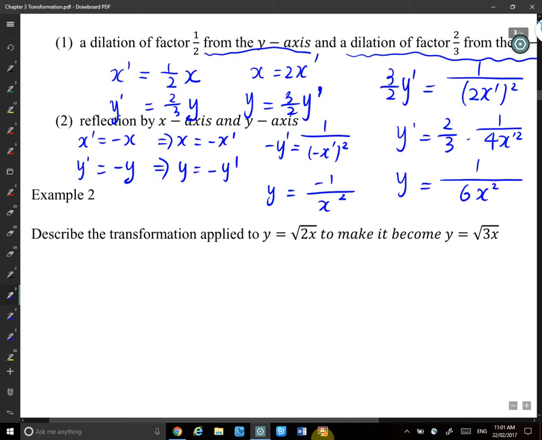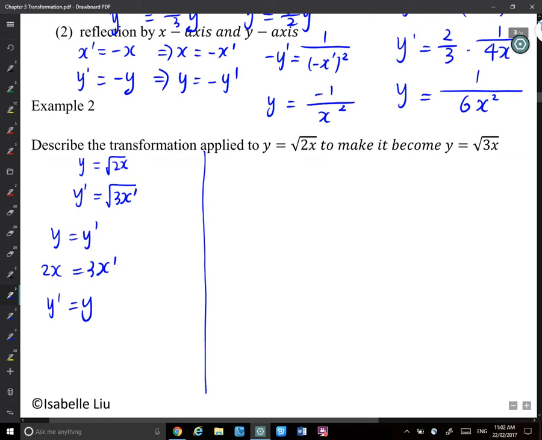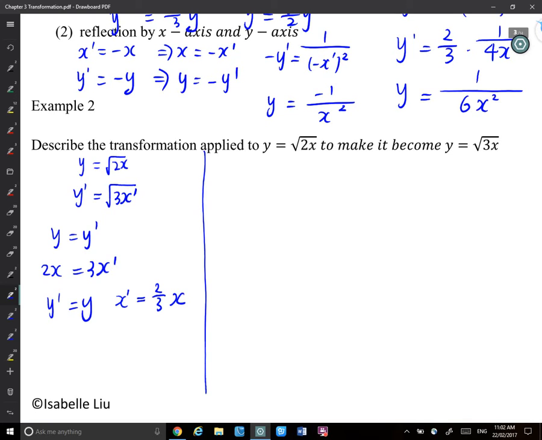I have my original equation as y equals square root 2x and my y dash equals square root 3x dash. The first way I can say is y equals y dash and 2x equals 3x dash. So y dash equals y, there's no change in the y values. But x dash will equal 2 on 3 x.